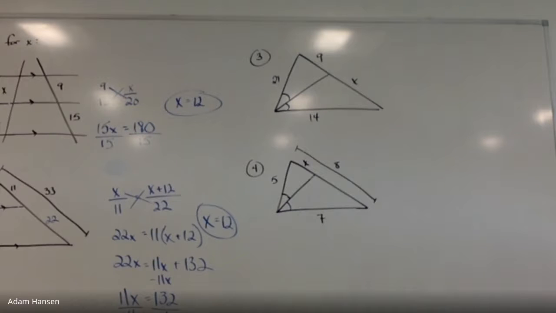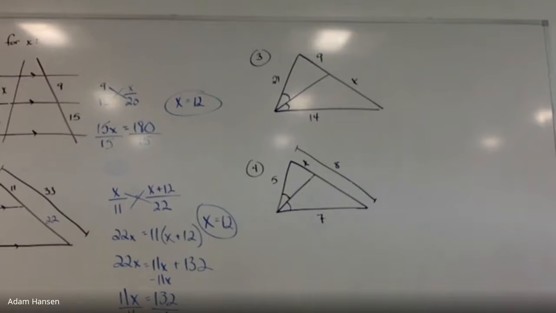AD is equal to AB, and AB is 14. 21 is to x. What you do is 21 is to 9. Compare the top two pieces. You do 21 to 9. That'd be proportional to x. Different sides.